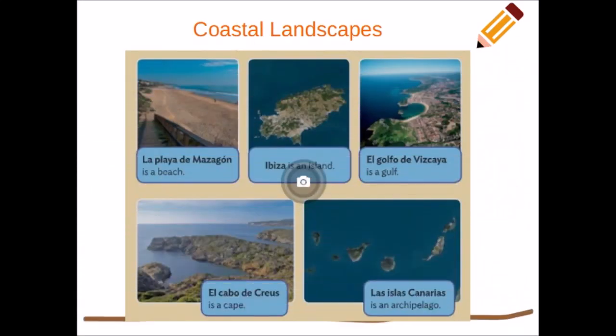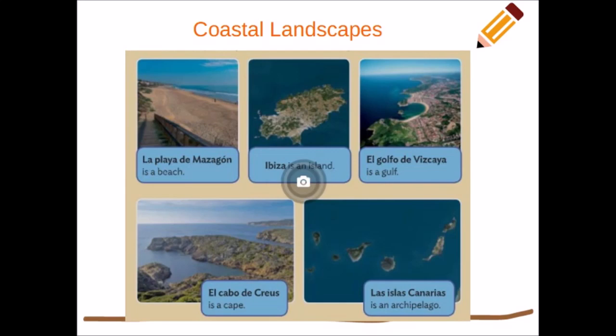Now, when we talk about coastal landscapes, so remember we had inland landscapes, which included mountains and flat landscapes, and now we have coastal landscapes. We have things like a beach, which is made of sand, an island, which is a piece of land surrounded by water. A gulf is a bit of the sea that is partially surrounded by land.